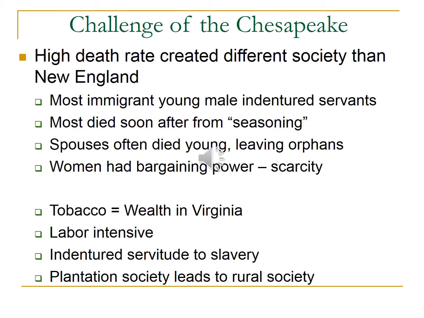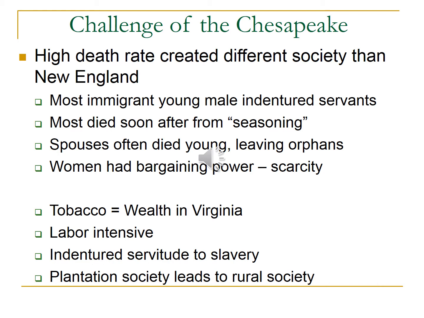Whereas in New England there weren't plantations. The ground and the soil was not conducive to that type of crop, so cities were formed. People lived closer together in smaller plots of land. So that leads to a much different type of society being formed, rural versus urban. Urban society in New England, rural society in the Chesapeake.